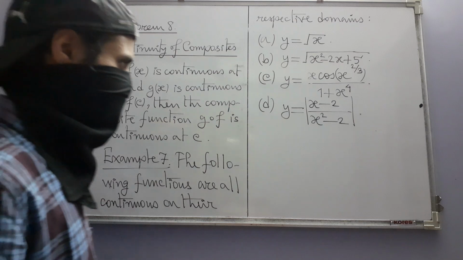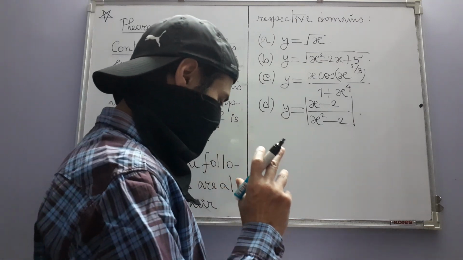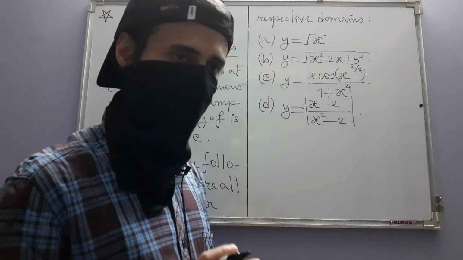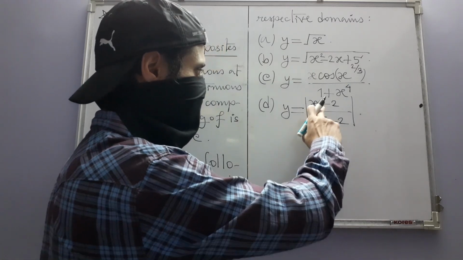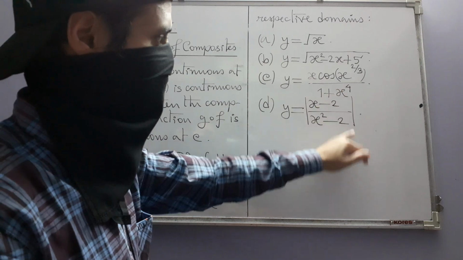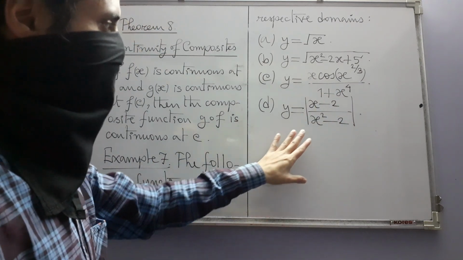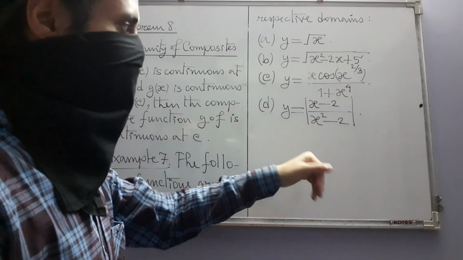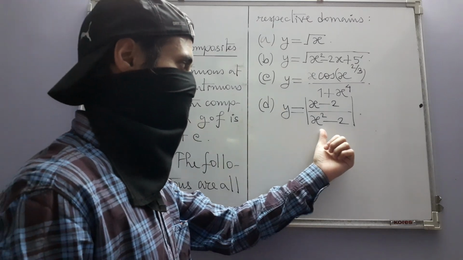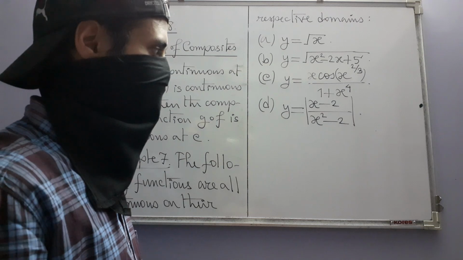Okay, now next let us see continuous extension to a point. Here you can see that if you ignore the absolute value, you have an ordinary rational function. This rational function is continuous everywhere except at those 2 points, plus root 2 and minus root 2.